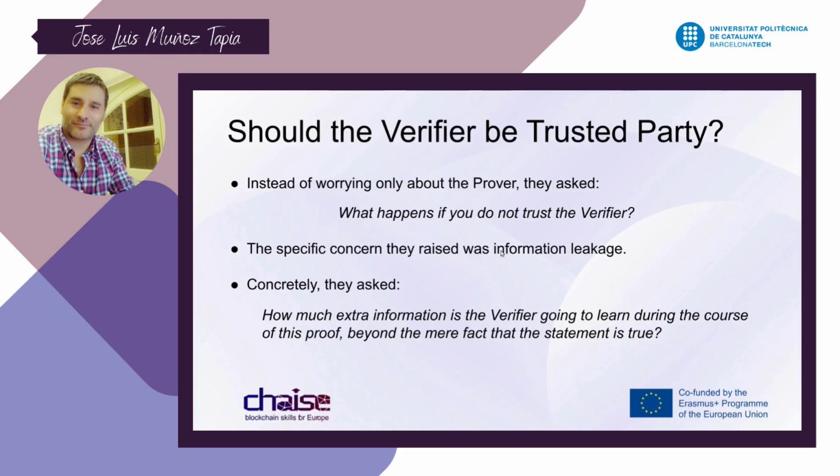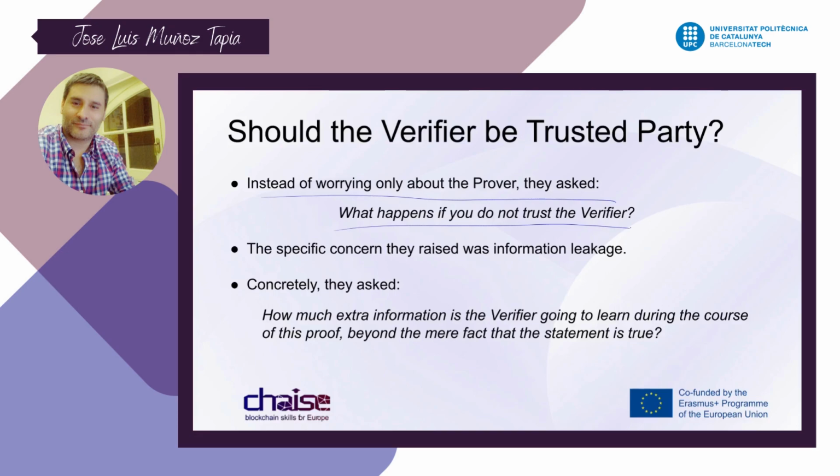Well, instead of only worrying about the prover and the honesty of the prover, they started to also question the honesty of the verifier and say, okay, what happens if in any scenario we would like to introduce some distrust in the verifier? What happens if we don't trust the verifier?